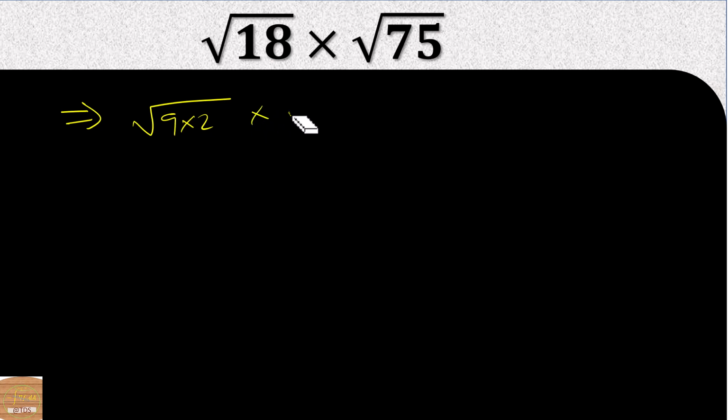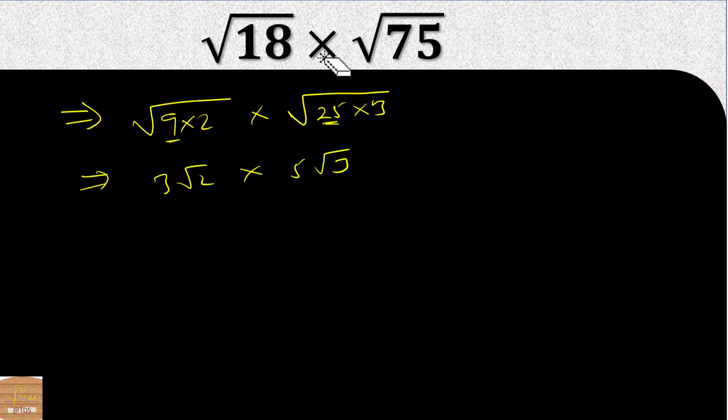Then 75 is the same as 25 times 3. Now we have root 9 to be 3, 2 times 5 root 3.